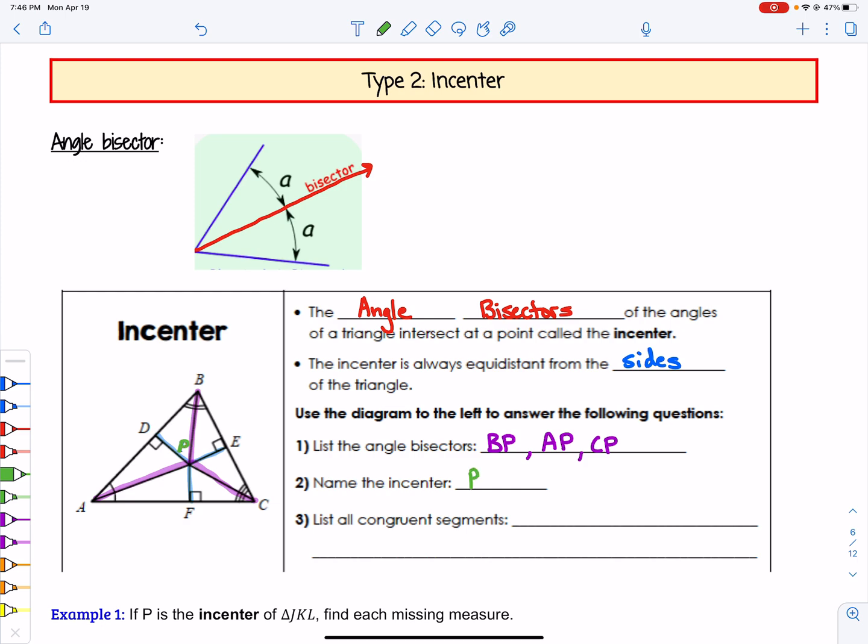And then it says list all congruent segments. So that's what I was starting to do earlier. These three little segments that go from the incenter to the side of the triangle are all congruent. So let's list out PD, PE, and PF.